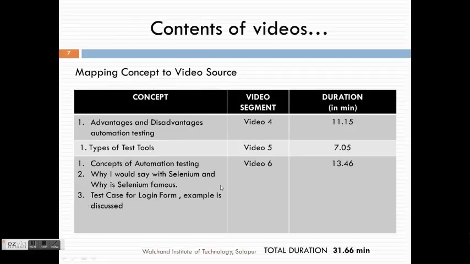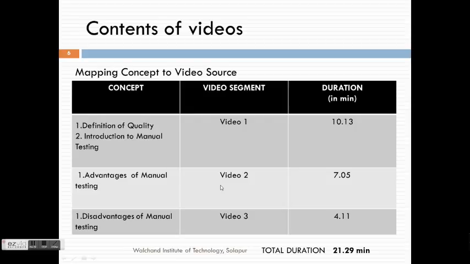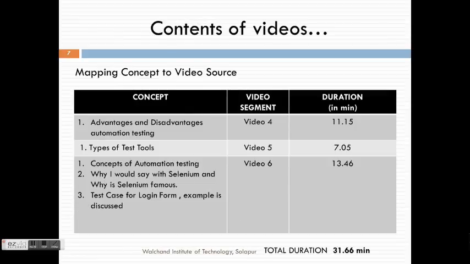Videos 4 and 5 focus on concepts of automation testing and types of test tools. Video number 6 is 13 minutes, because we are capturing multiple points related to automation testing, and also discussing some aspects of creating a test case.